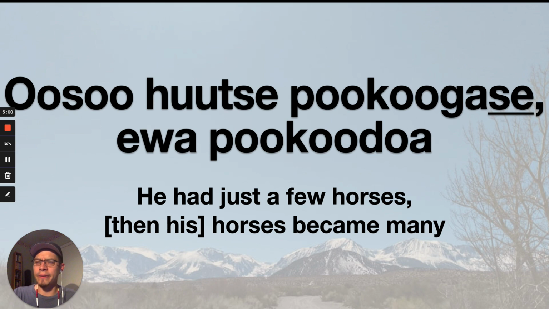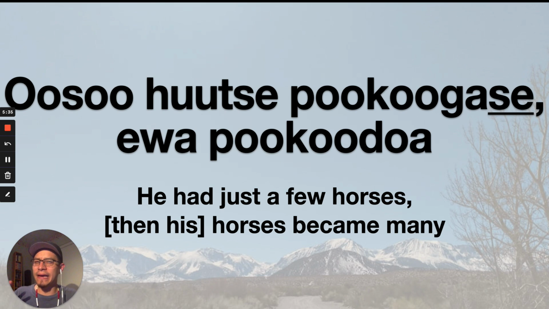Here's another one that's a little bit different. It says usuhutsi pikugas or pukugasi iwa pukurua. It means he had just a few horses, then his horses became many. It would be strange to say after he had just a few horses, his horses became many. So it sounds better to say he had just a few horses previously, then his horses became many.